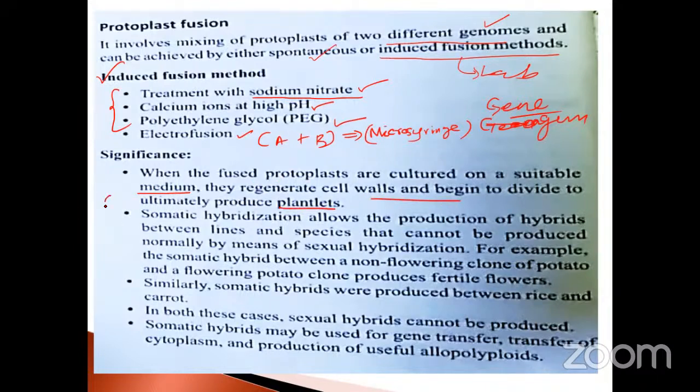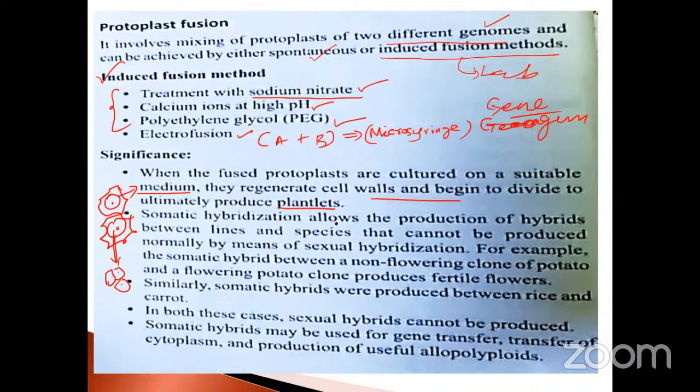Protoplasts lack a cell wall, isn't it? When you introduce them in the medium, the cell wall components are automatically regenerated. After the regeneration only, the plant cell undergoes the cell division process. Okay, that is very, very important.